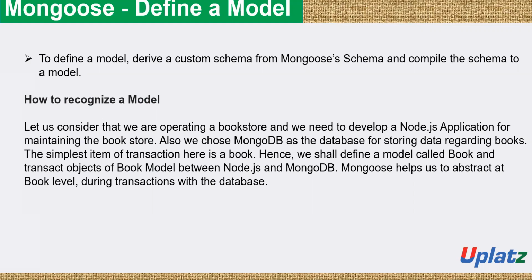Mongoose helps us to abstract at book level during transactions with the database. Here, transactions are nothing but a set of operations that we perform on the backend Mongo database through Mongoose, and we can perform insert operation, delete operation, update operation, find operation, etc.